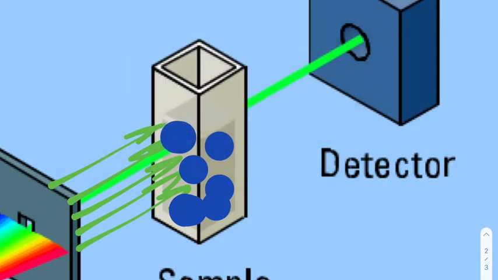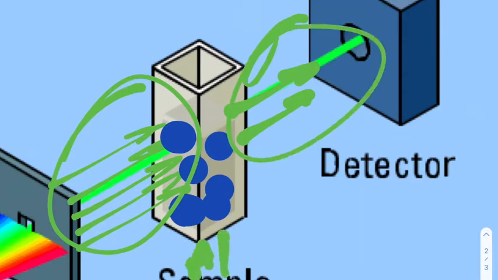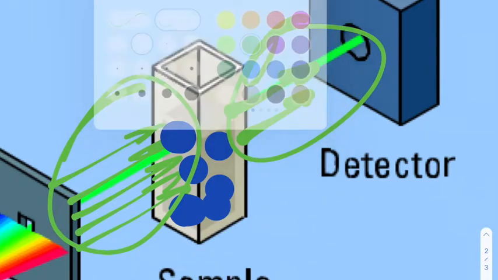So some of that light is going to get blocked and absorbed by the particles that are there. So what this device does is it basically measures how much light is going in and how much light is coming back out on the other side, and therefore it figures out how much was actually absorbed by the solution.